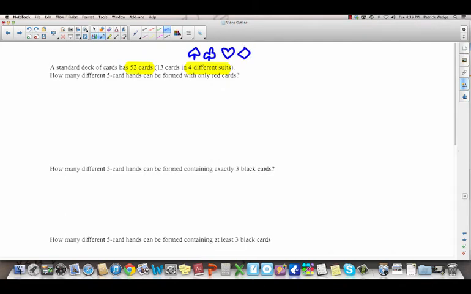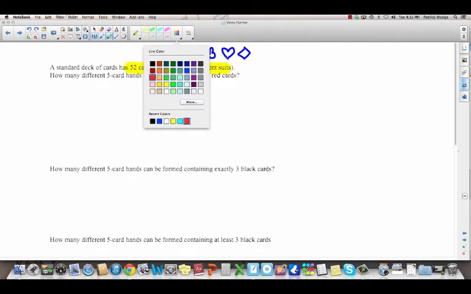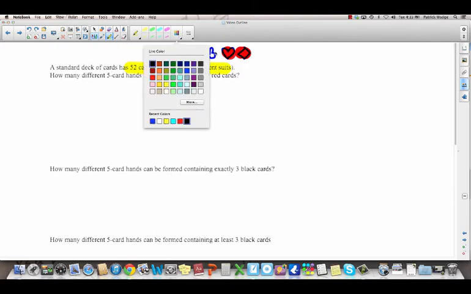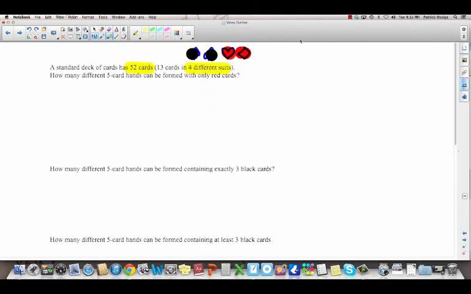The way I've drawn it here, these ones are red, and these ones are black. In each one of the suits, there are 13 cards: Ace, 2, 3, 4, 5, 6, 7, 8, 9, 10, Jack, Queen, King.